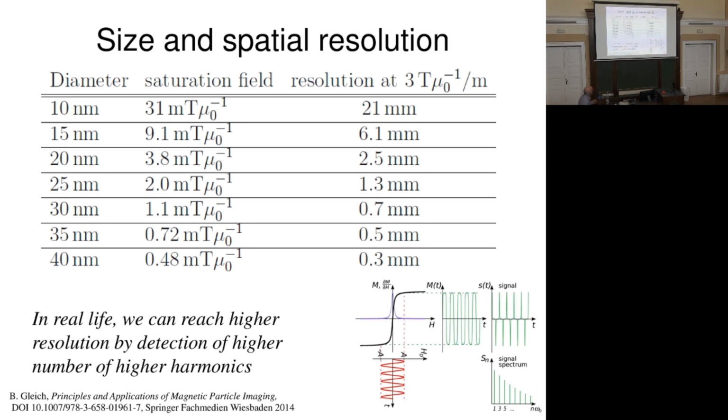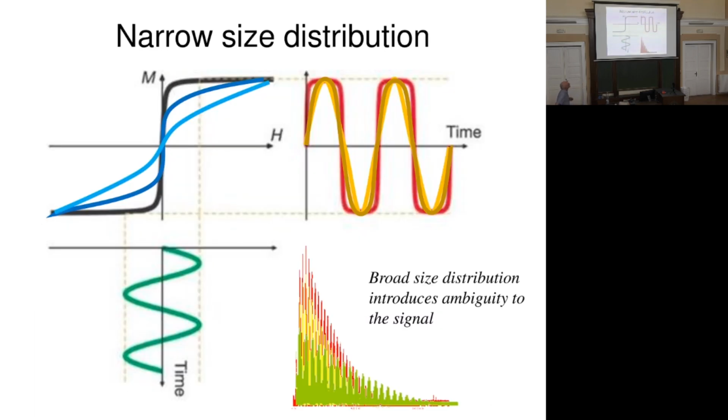In real life, we can reach higher resolution because we are detecting a number of higher harmonics. So this is not valid as it is presented here, but still you should keep in mind that very small particles will have worse resolution because their magnetization curve will be very flat.